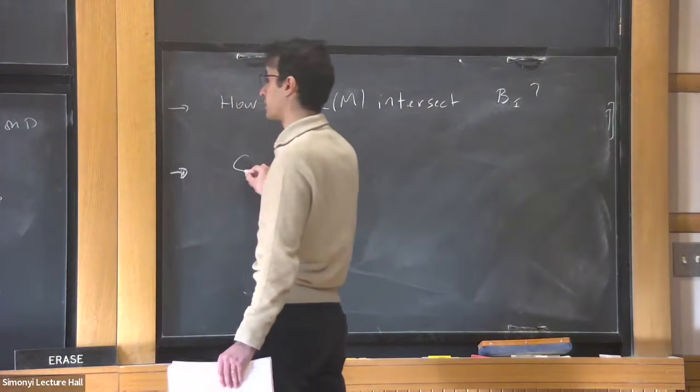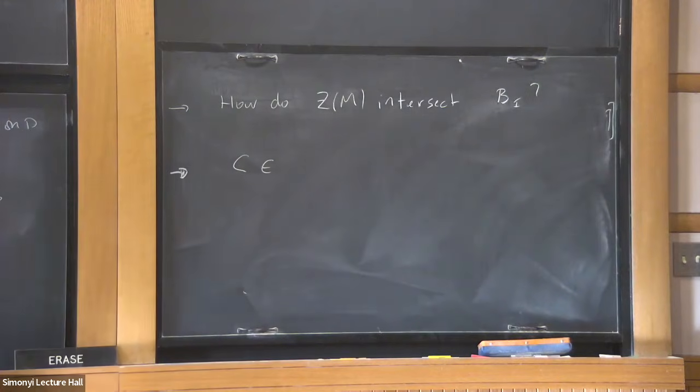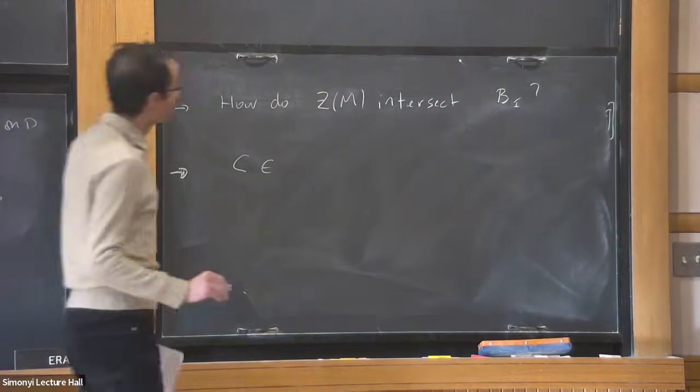Each time I take a cycle in, maybe I should have given this a different name. Let me call this Y. It's completely independent.